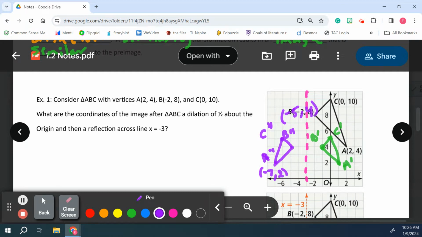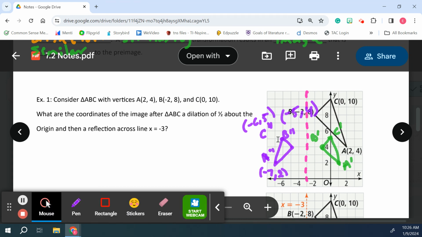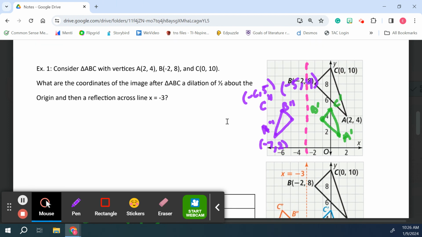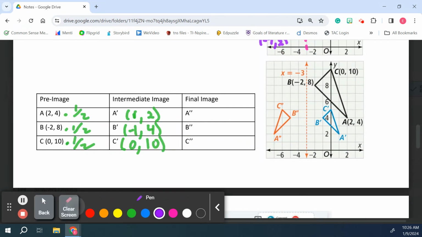And C ends up being -6, 5. So that's what you're going to write down under the final image. A, -7, 2. B, -5, 4. And C, -6, 5. Okay?